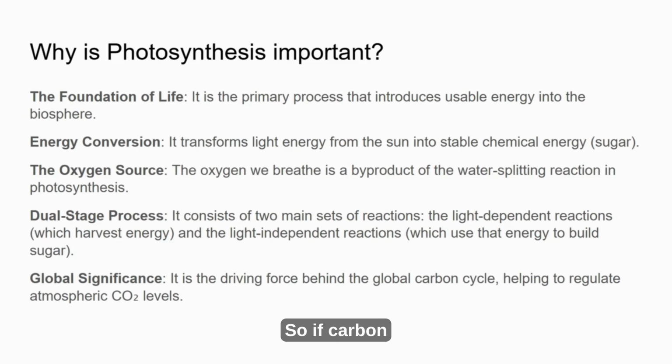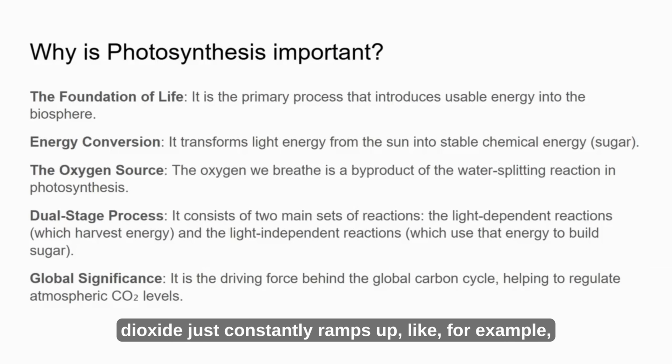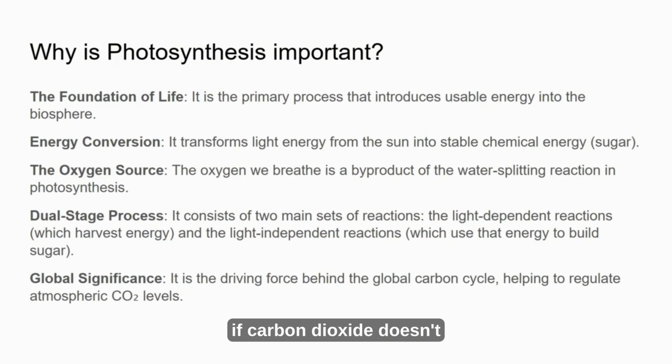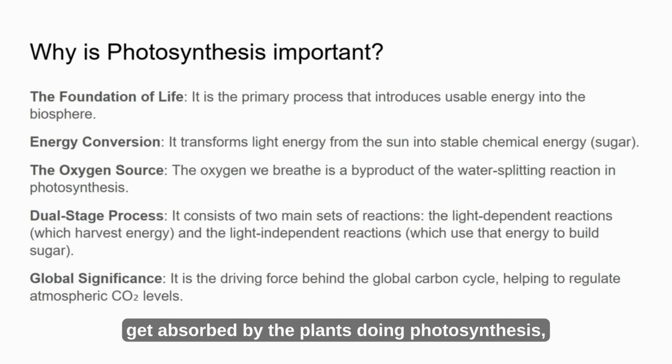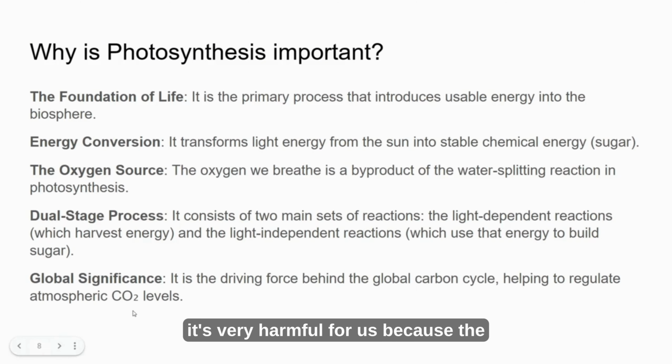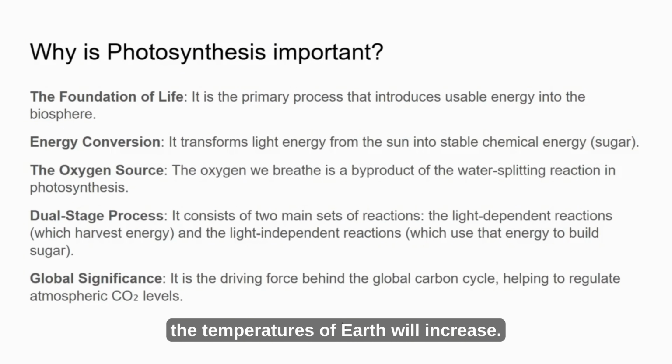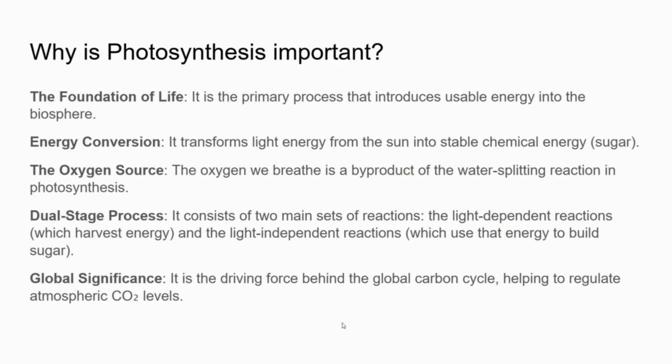If carbon dioxide constantly ramps up, for example from driving cars with gas and all those things that produce carbon dioxide, and it doesn't get absorbed by plants doing photosynthesis, it's very harmful for us because the greenhouse effect is going to get worse, and therefore the temperatures of Earth will increase.